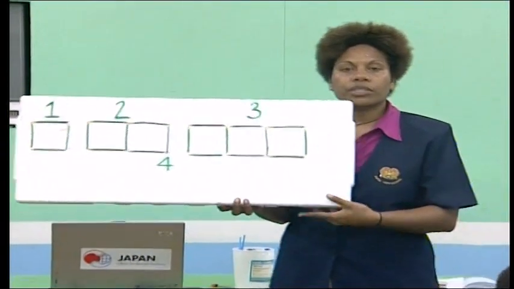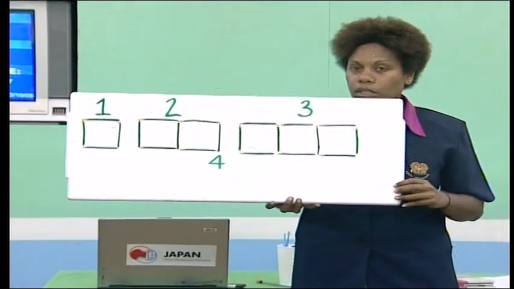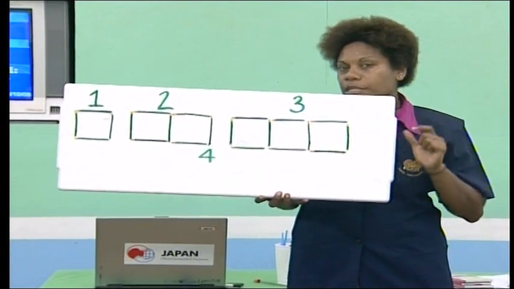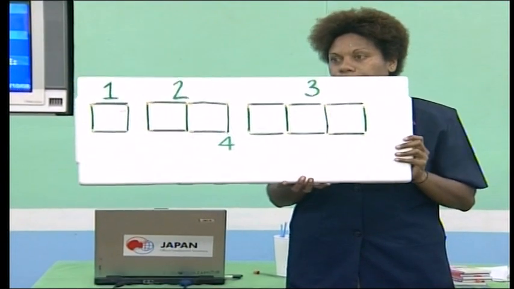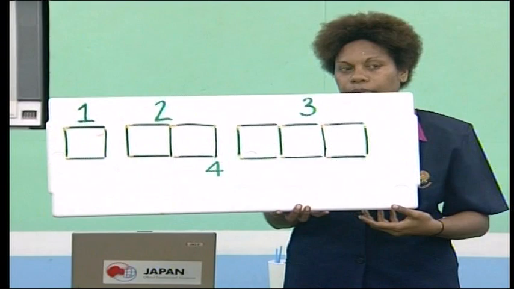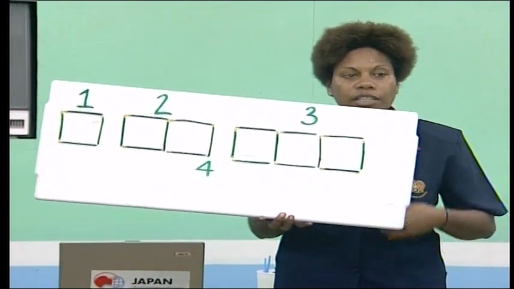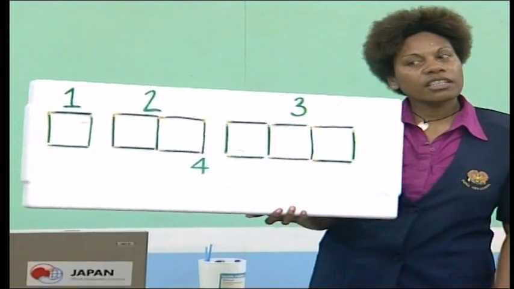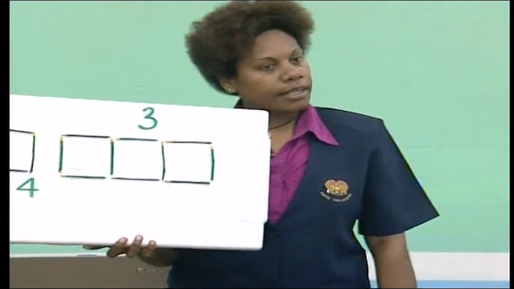Receiving students, tell your teacher, what is the rule for this pattern here? John? Starts at 1 and goes up by 1 each time. Okay, thank you, John.